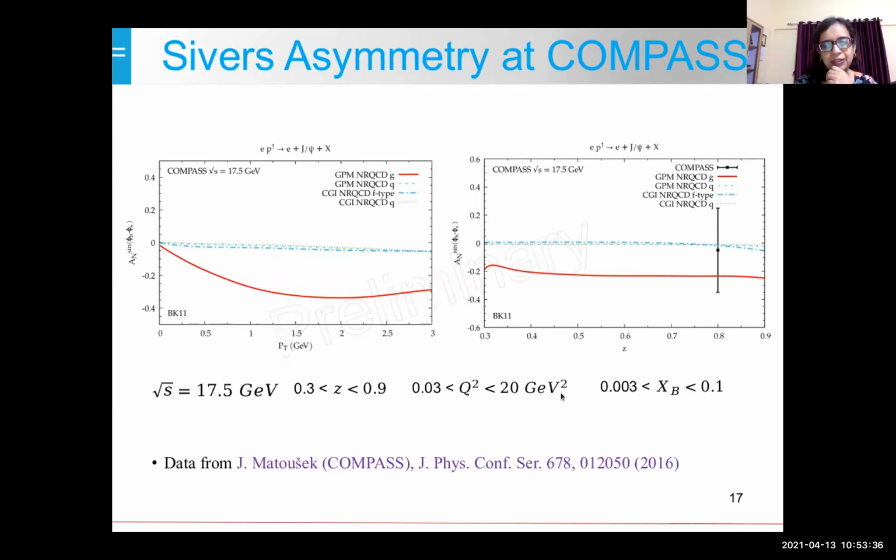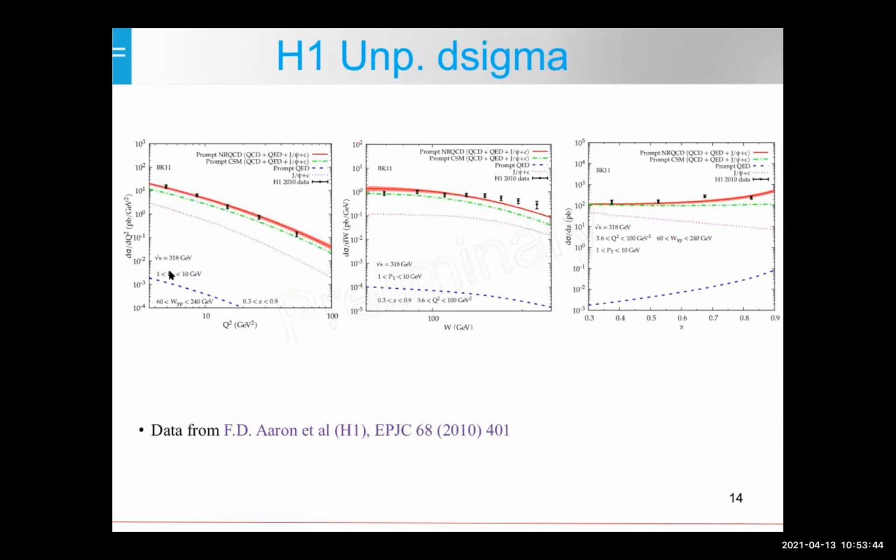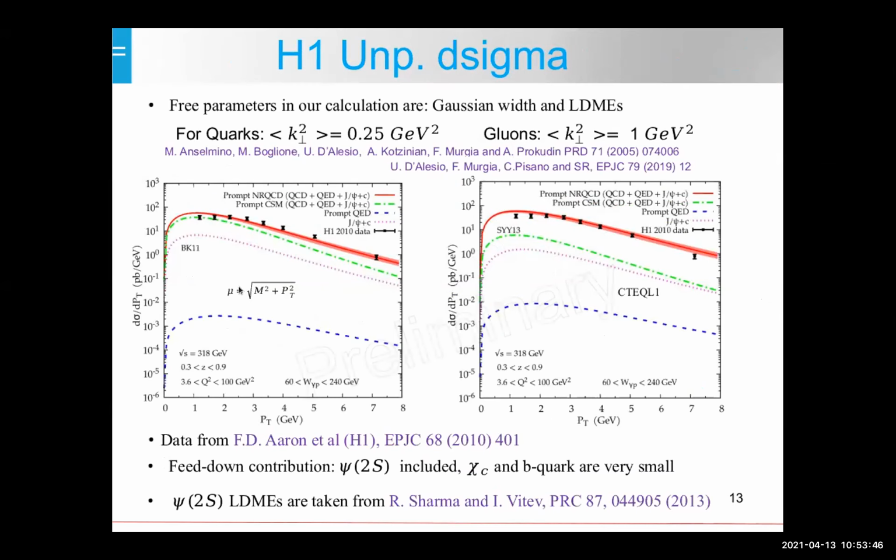So this is not the evolution scale. You can see here, this is the scale of the PDF. I see. The alpha s is evaluated at that scale, and Q square is the photon virtuality. Okay, thank you. Yeah, thank you.